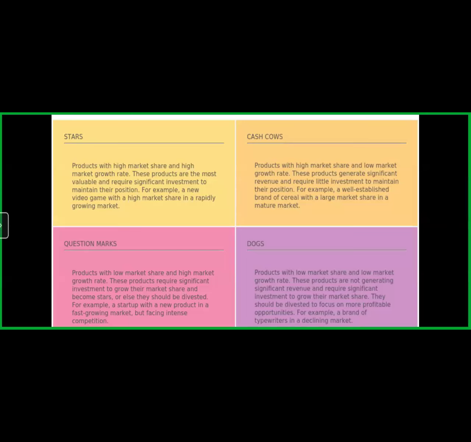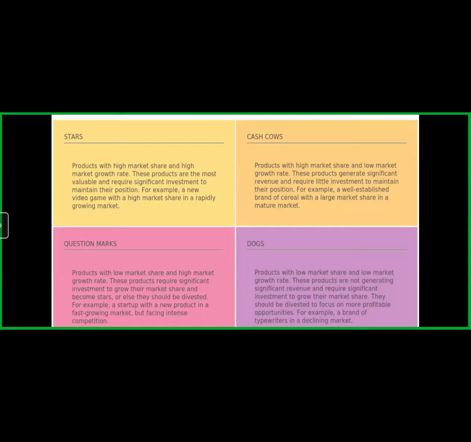So earlier, the petrol cars which were kept under stars, now the company will start thinking of shifting them from stars to another square and putting their electric cars in that quadrant called star.